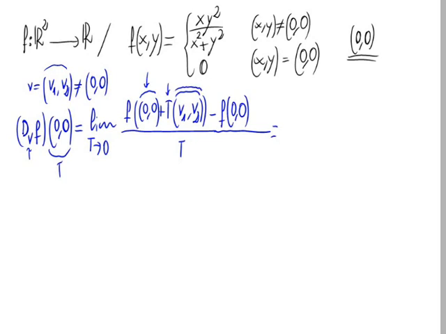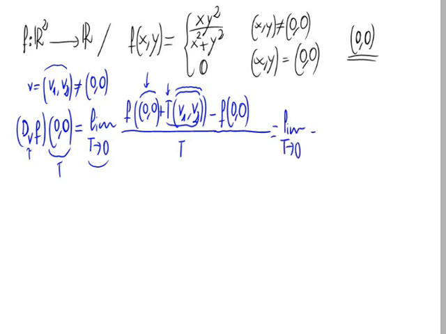That is the point 0, 0 plus t times the vector v, and as by definition of the limit t approaches 0, it is very close to 0. This second term right here is going to be 0.